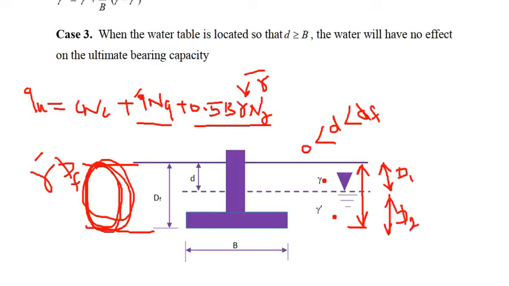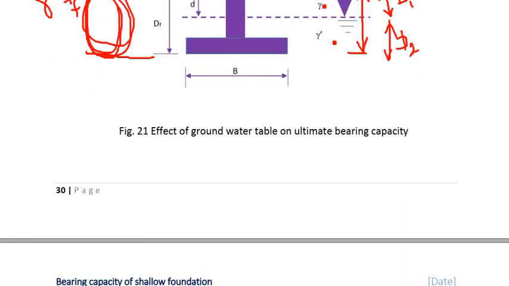This is the first case. The second case is when the water table is located below the base of the foundation, to a distance equal to B, the width of the foundation.